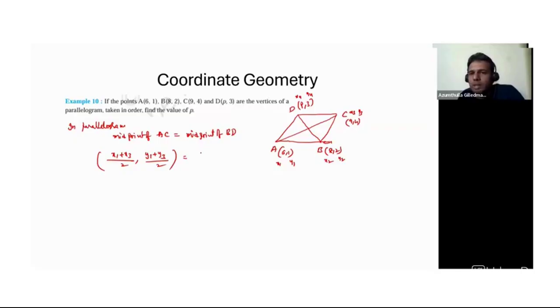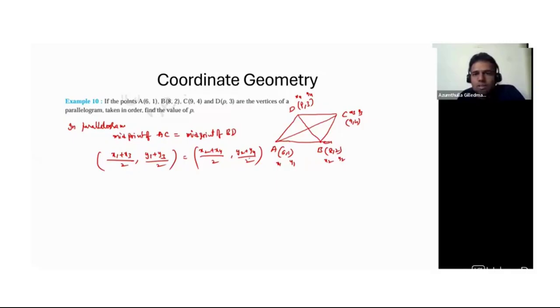What is the midpoint of BD? (x2 plus x4) by 2, comma, (y2 plus y4) by 2. You are following, right? The midpoint formula is the sum of the x coordinates by 2, comma, sum of the y coordinates by 2. In the section formula, if we substitute m1 and m2 as 1, we get that.